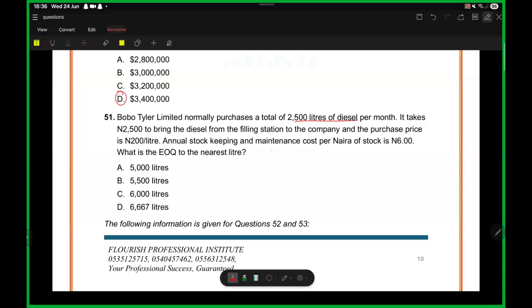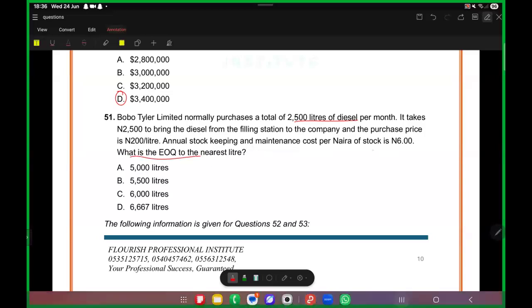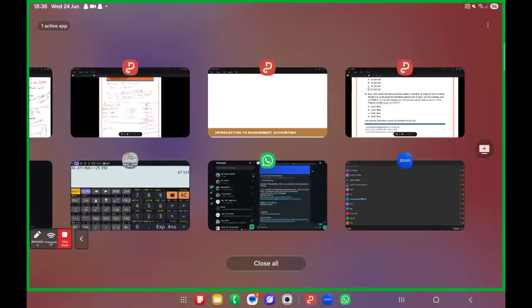Annual stock keeping and maintenance cost per naira of stock is 6 naira. And you're asking what is the EOQ to the nearest liter. So we are talking about the economic order quantity.